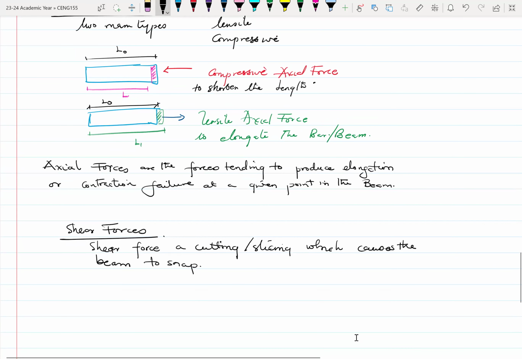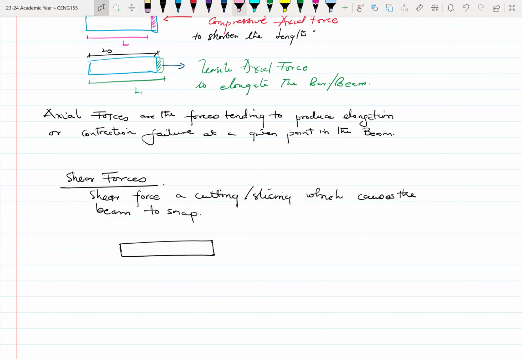So normally, the failure for axial force can either be contraction or expansion. But the failure for shear forces is where, let's say you have a beam and you have very high loads, let me call this load P. P is very large, and at the point where P acts, it can cause the beam to break apart, for one to shift down and one to shift up, more or less.